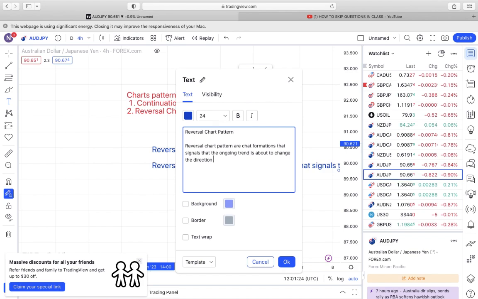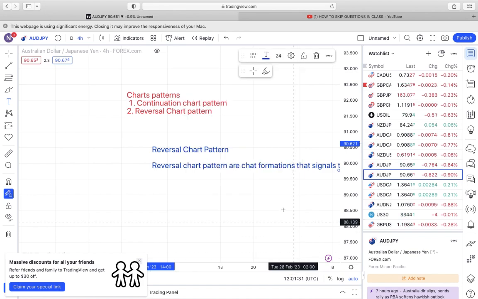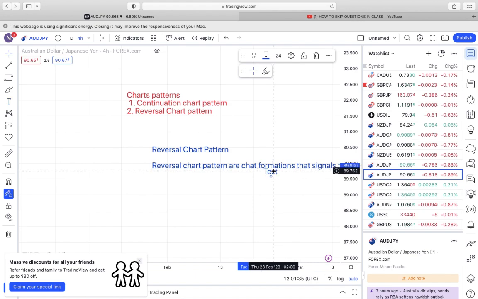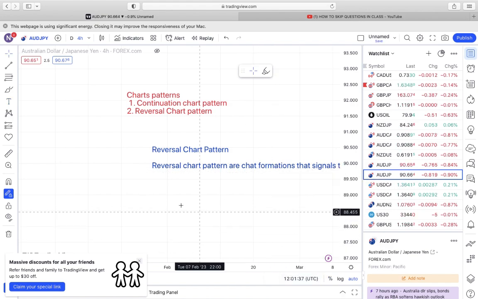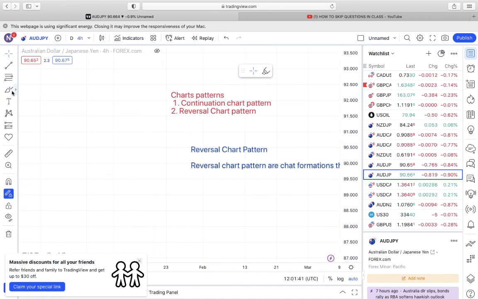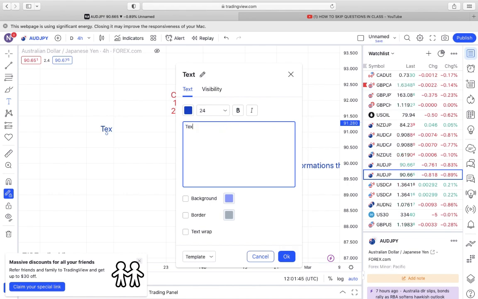Reversal chart patterns are very important, and we are going to see them in our practical examples with real-time market trends. Now, there are things you need to check to know that this is a reversal chart pattern.